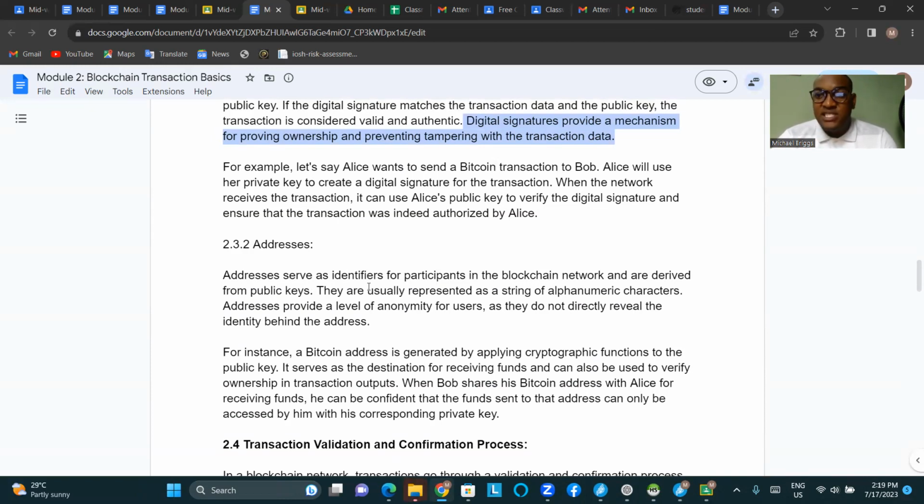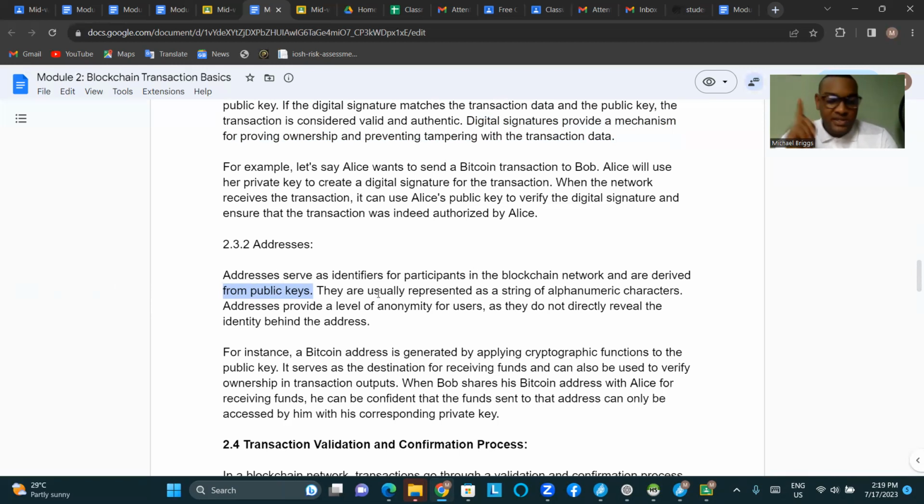Encrypt data or transaction on a particular public key or wallet. Okay, so the addresses serve as identifiers for participants in the blockchain network and are derived from public keys. Okay, this is what you give out to someone to be able to do what? Send you money.